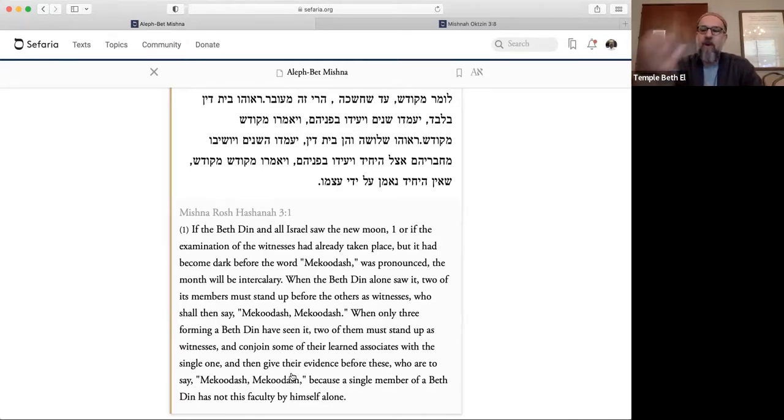And you would temporarily appoint one of them to be the Beit Din with the single one, and then they could give their evidence to say Mekudash, because a single member of the Beit Din cannot do this by himself.